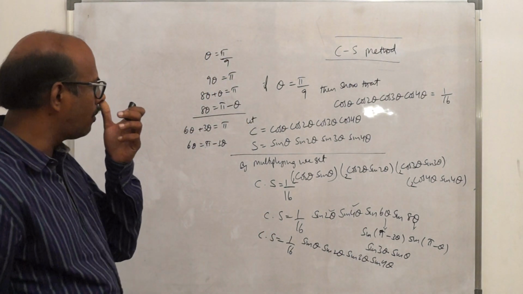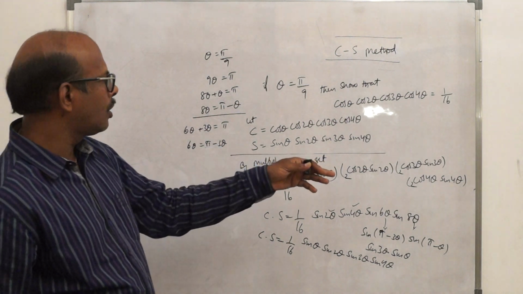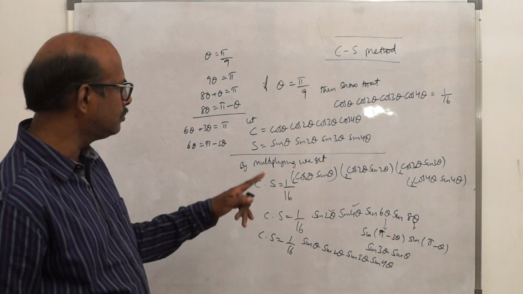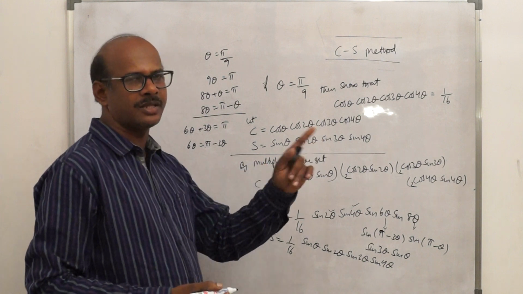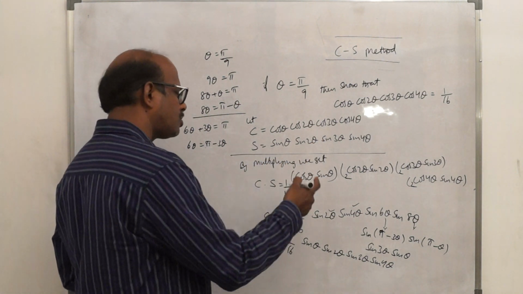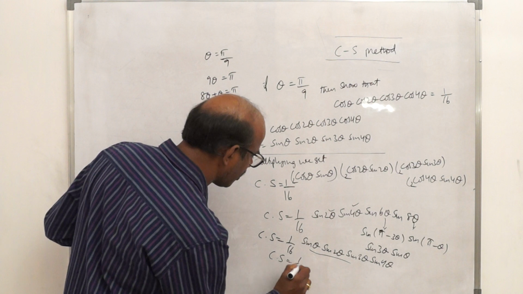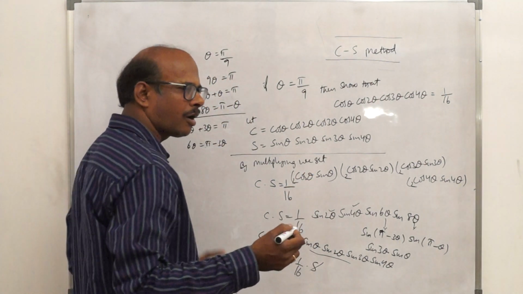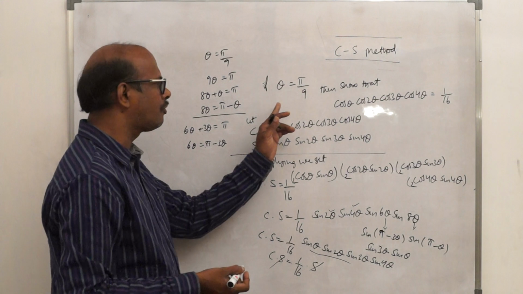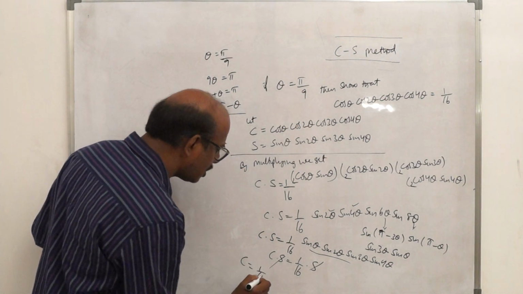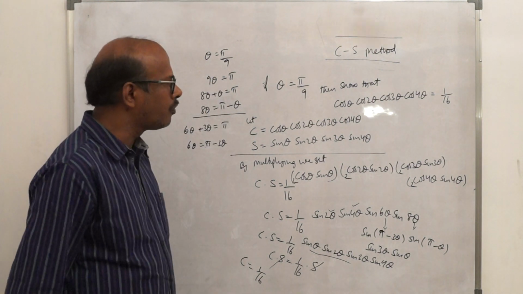So without any simplification, without taking theta as pi by 9, that is 180 by 9, 20 degrees, we may go by a method directly: assume the given product as C and for the middle put S as that sin product, and by multiplying and using the multiple angle formula sin 2 theta, it will again be S. So C into S equals 1 by 16 into S. Without using any trigonometric angle values, not using the value of 20 degrees, we get the result: therefore the product cos theta, cos 2 theta, cos 3 theta, cos 4 theta, if theta equals pi by 9, using the condition, is 1 by 16.